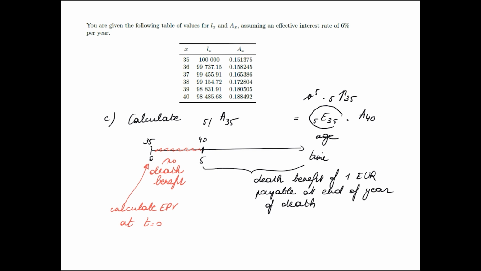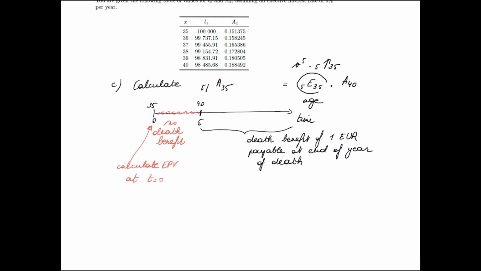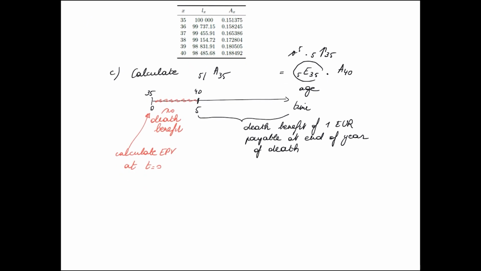If you want to see how that works, or how I can come up with this expression starting from the summation formulas on, let's do that once again. What we then see is that if you look at this deferred insurance product, if you would write it down with a summation formula, you would start from k equals 5 and go to plus infinity, and you would be working with v to the power k plus 1, kp35 times q35 plus k, right?